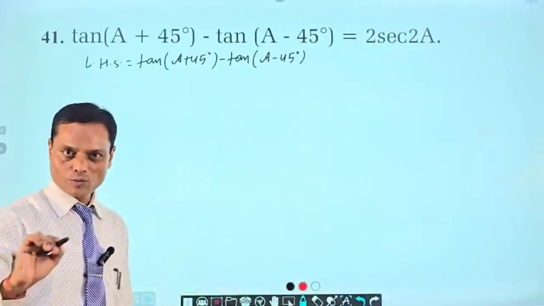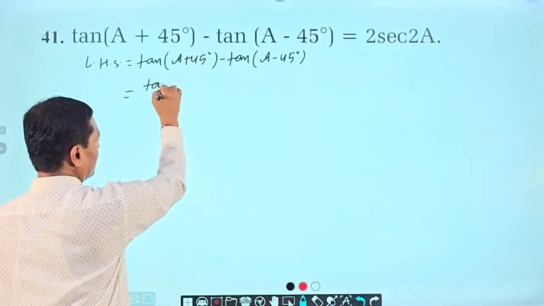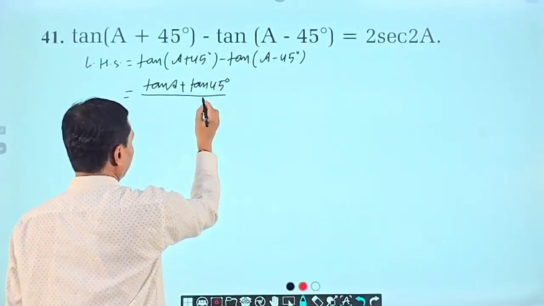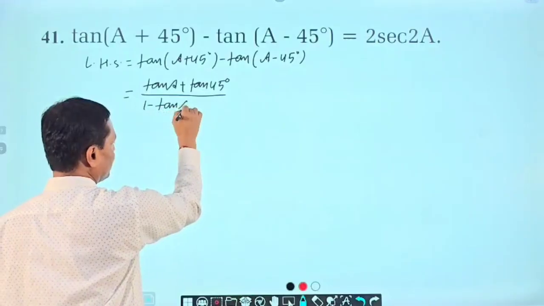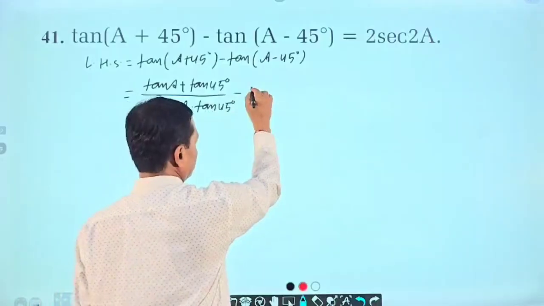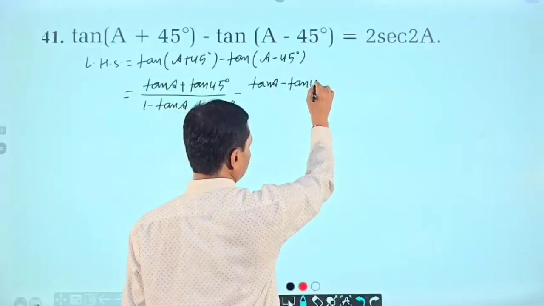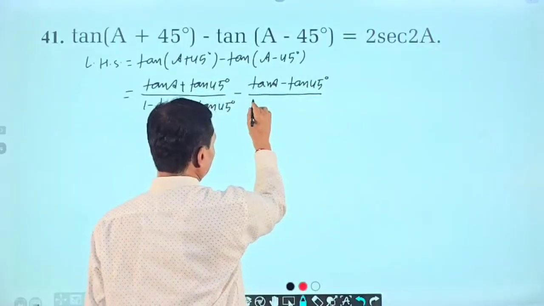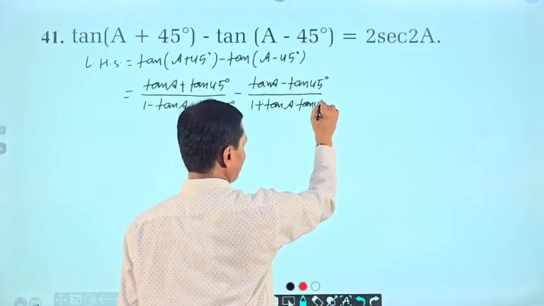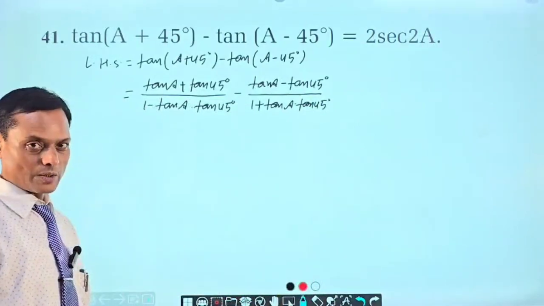So we are going to apply the formula tan A plus B and tan A minus B. So here tan A plus B is tan A plus tan 45 degree over 1 minus tan A dot tan 45 degree, minus tan A minus tan 45 degree over 1 plus tan A dot tan 45 degree. So A is at the place of A, and it is 45 degrees at the place of B.